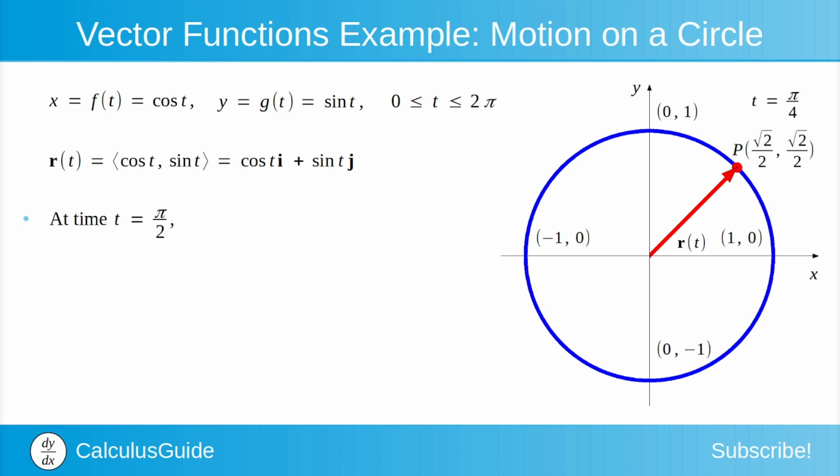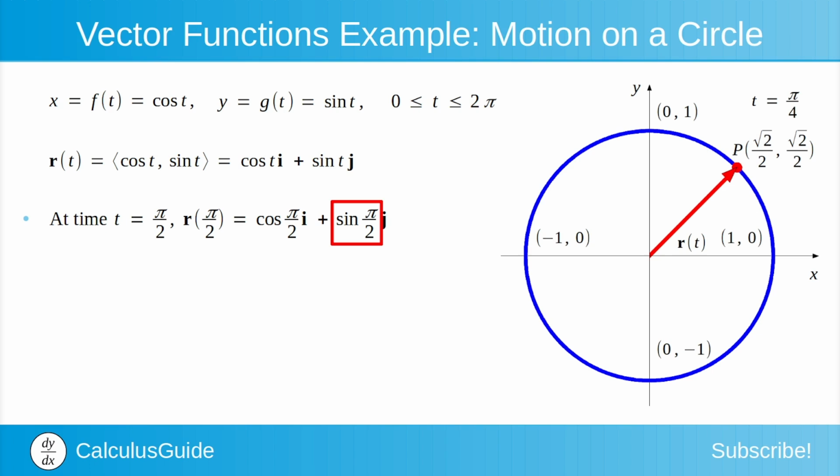At time t equals pi over 2, r of pi over 2 is equal to cos pi over 2 i plus sine pi over 2 j. Cos pi over 2 is equal to 0, and sine pi over 2 is equal to 1.